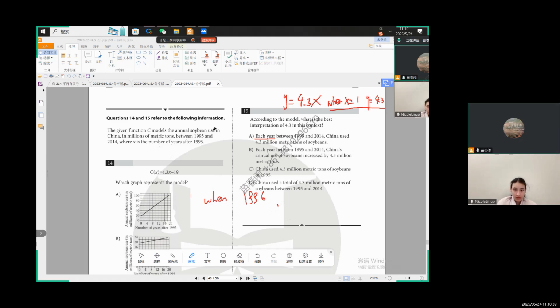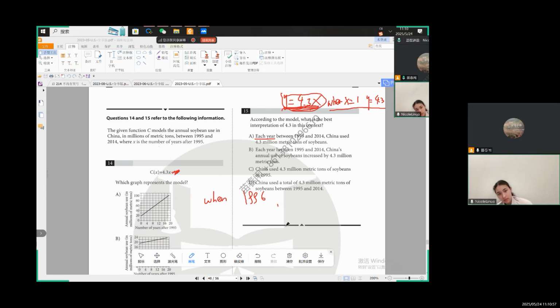It's also not 4.3. Does that make sense? Okay. And you also have to get rid of 19 if that's the case. That's why I said you can only work it out in that situation. Does that make sense? Okay.